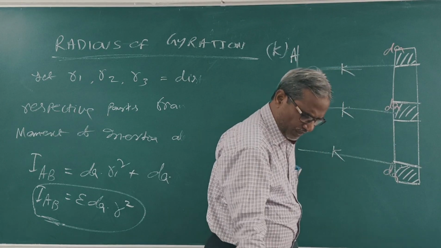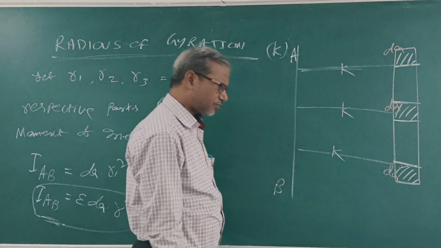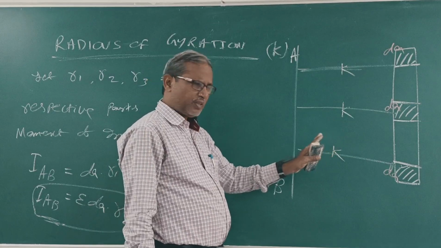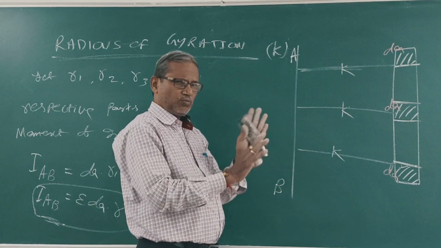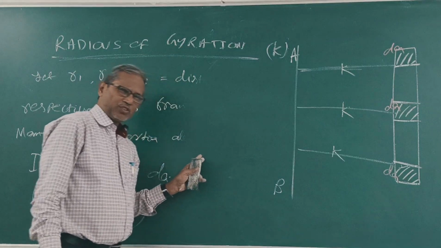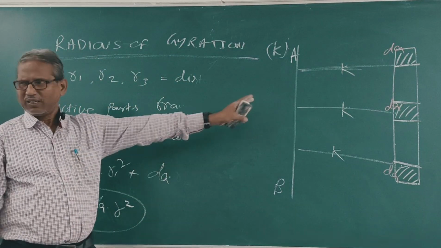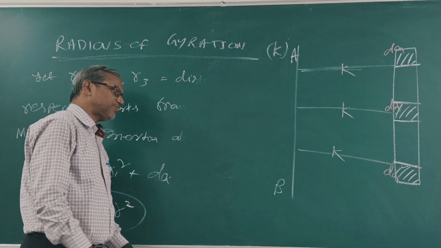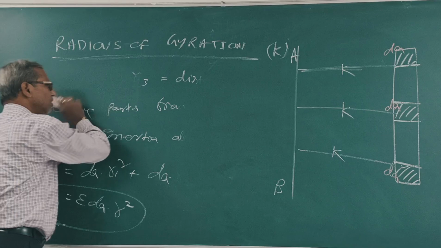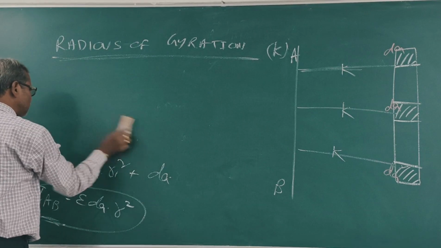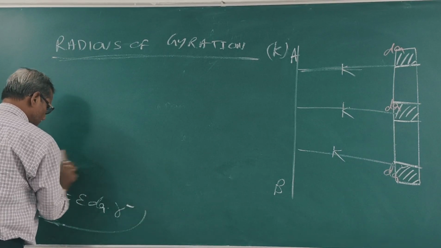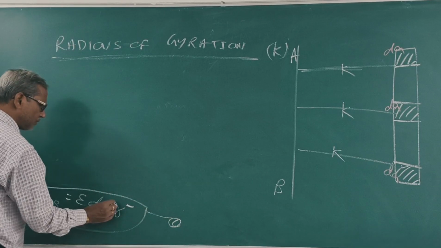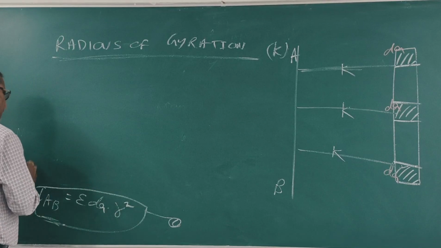So now we will find the moment of inertia in this case. If in both cases the MI remains constant, same, then k is called radius of gyration. Clear? This is question 1. Clear?